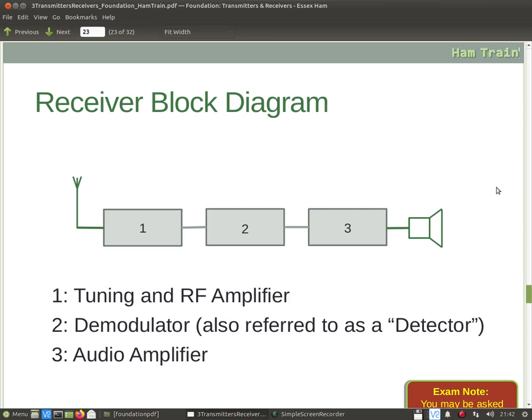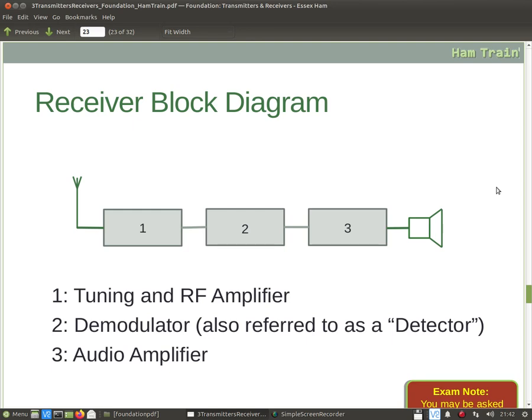Here we have the receiver block diagram, and as you can see, this is essentially the reverse of the transmitter. So on the left we have the antenna bringing the signal down and into stage 1, which is the tuning and RF amplifier. This will tune in the signal, usually using the VFO, the knob on the radio, and it's going to amplify that weak signal to be used in the following stages.